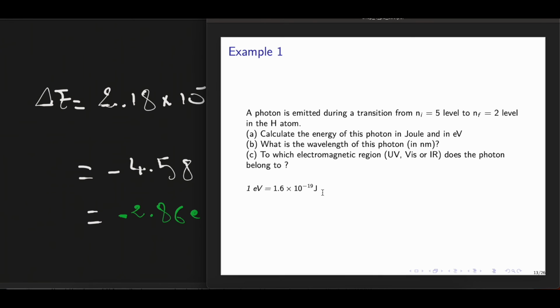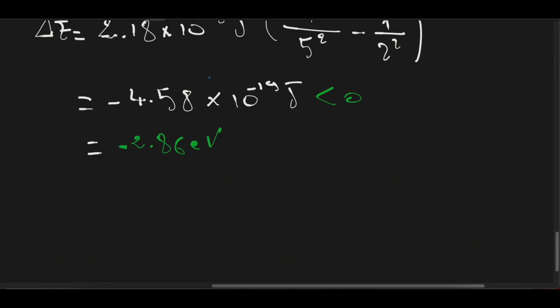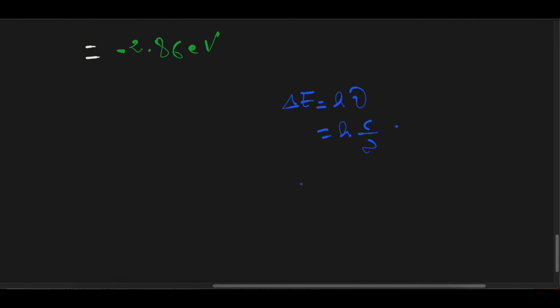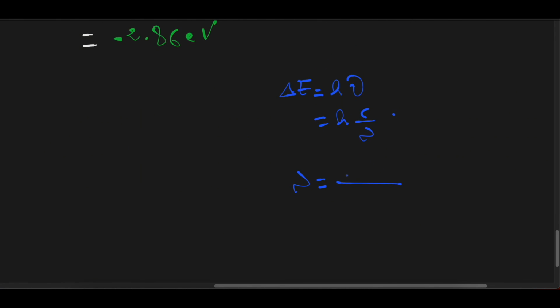The second question: what is the wavelength of this photon in nanometers? The energy of a photon is equivalent to this relation, which is also equal to h times c over the wavelength.